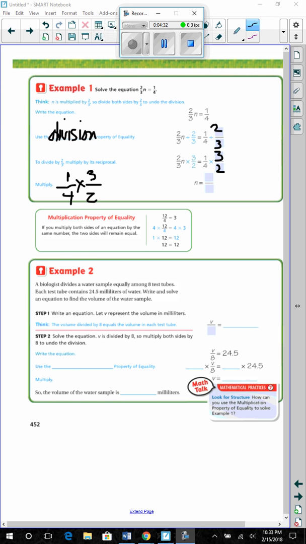So I'm going to write over to the side 1/4 times 3/2, and we're going to multiply straight across. 1 times 3 is 3, and 4 times 2 is 8. 3/8, and they do not have common factors, so we cannot reduce, so the complete answer is 3/8. And we'll put that there.